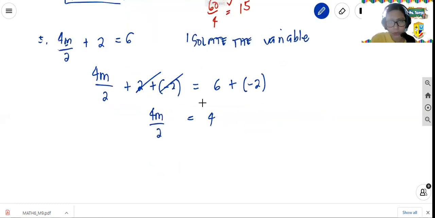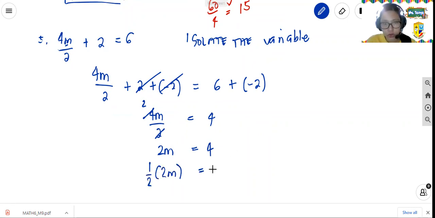You can cancel that, and what remains is 2. So I will already have 2n equals 4. And then using the multiplication property of equality, I can multiply by the reciprocal of the coefficient, which is 2. The reciprocal of the coefficient 2 is 1/2. So I will multiply both sides of the equation by 1/2.